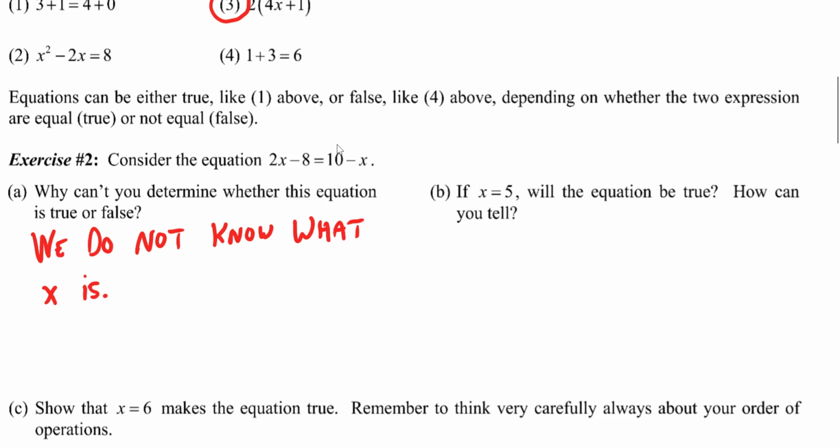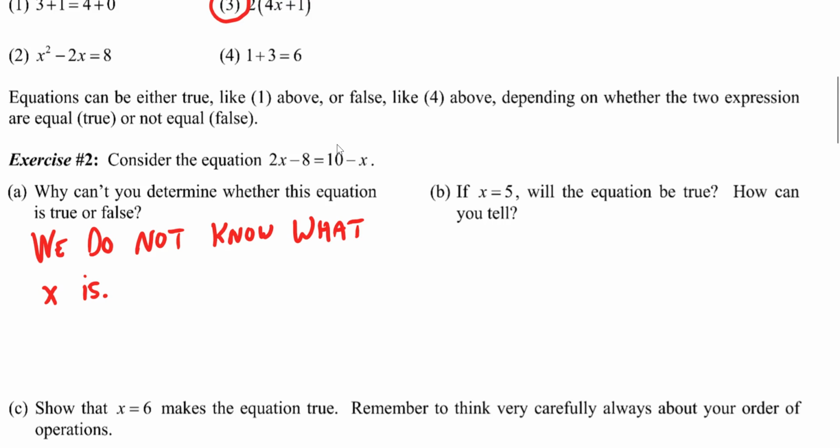I can have things that are not equivalent be equal every once in a while, depending on what x is. And remember I said sometimes you have to be careful, like what happens if x is 2? You can get some false positives.